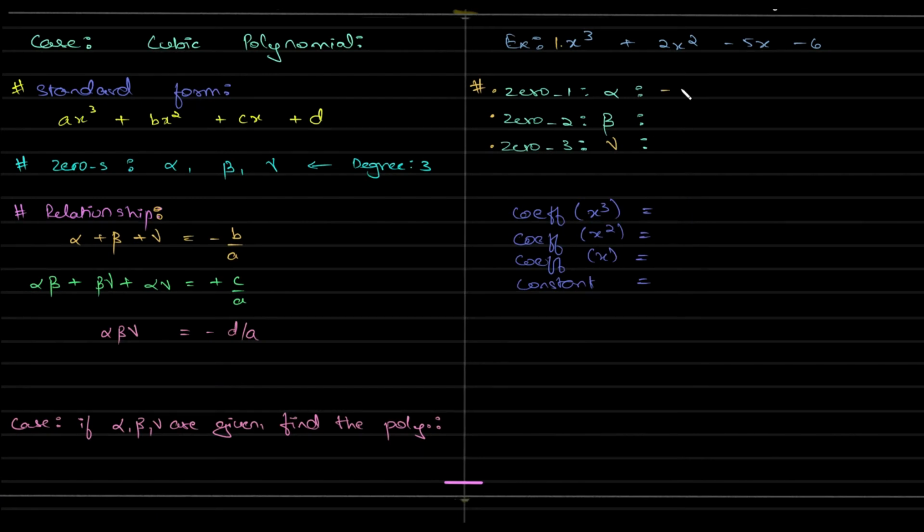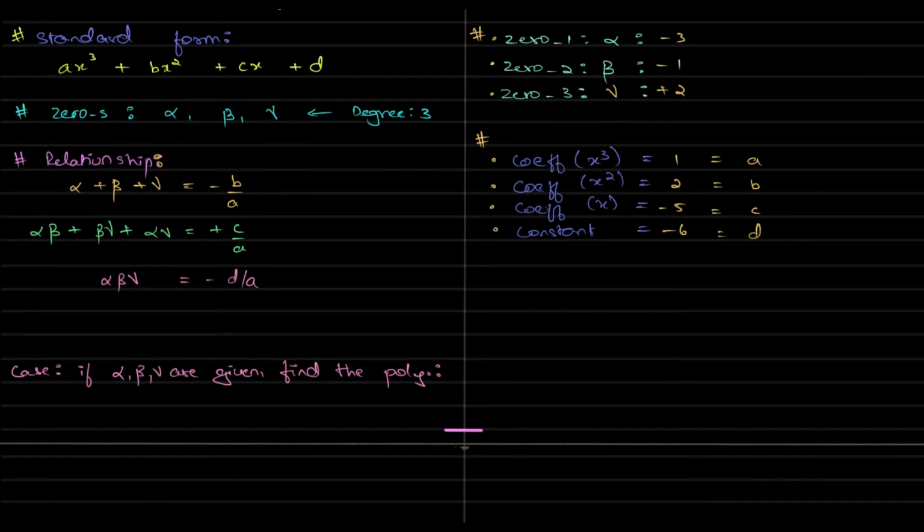So you have minus 3, minus 1 and plus 2, right? Now the next thing is coefficient of x cube, x square, x and the constant. Coefficient of x cube is 1, this is 2, minus 5 and minus 6, being represented as a, b, c and d, right? All we have to do now is verify.